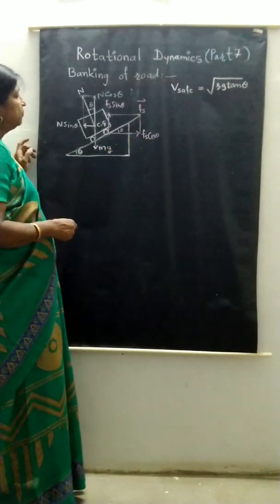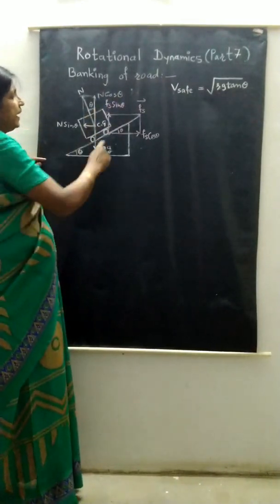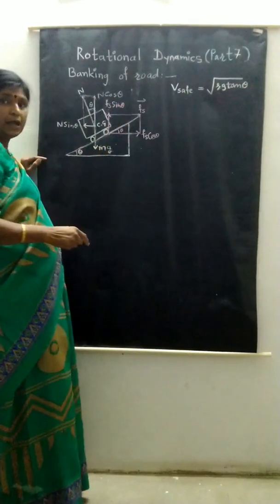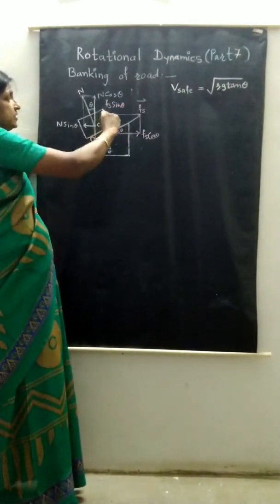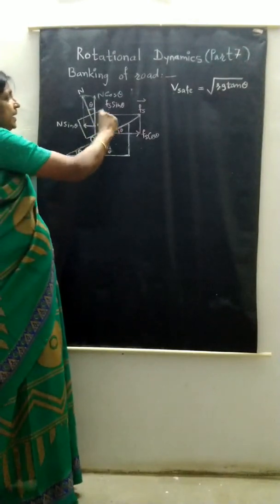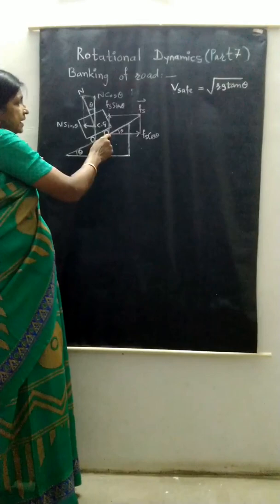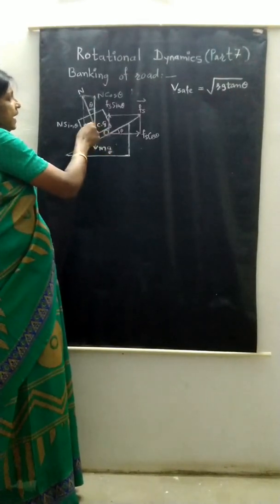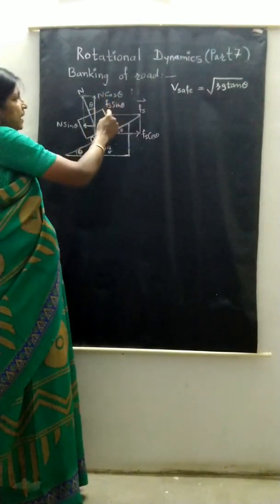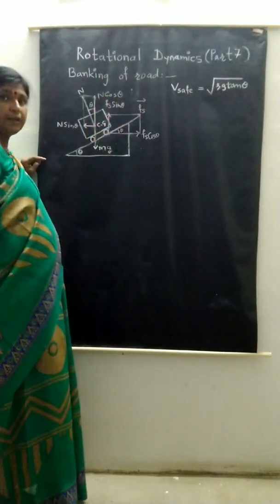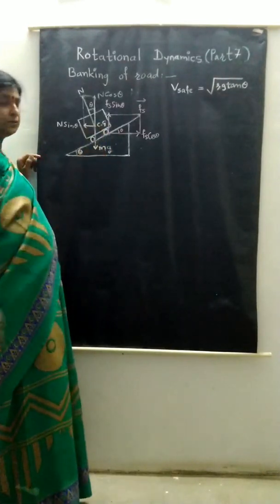Here, we are observing that N cos theta and Fs sin theta are in the same direction. I can shift this vector parallel to itself, meaning I can keep the starting point of this vector at the center of gravity. So these two vectors N cos theta and Fs sin theta will add together and they will now balance mg.